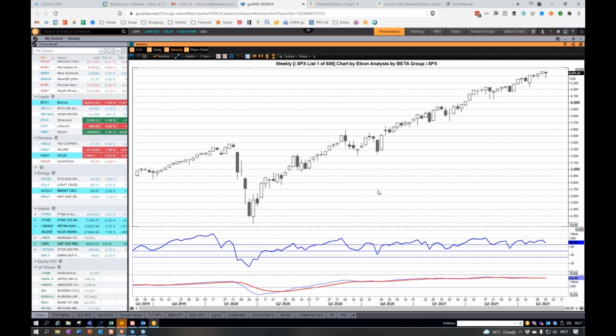The second thing is I talked about the sentiment. Strangely, it's actually deteriorating. There are two major measures of retail sentiment in the US, and both of them are showing that retail investors are becoming more cautious about the market.